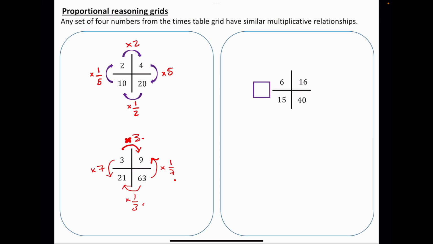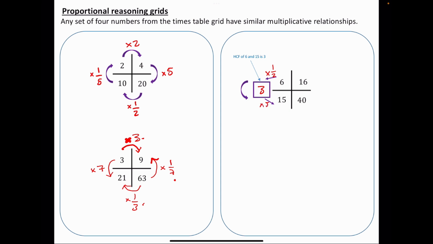So the highest common factor of 6 and 15 is 3. So now what do I times by 6 to get to 3? Well, I times by a half. A half of 6 is 3. And to get from 3 to 15, I times by 5.